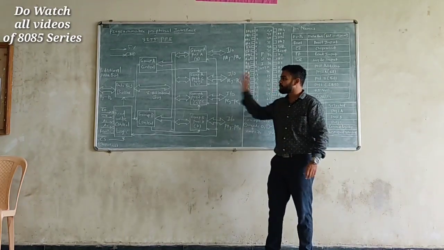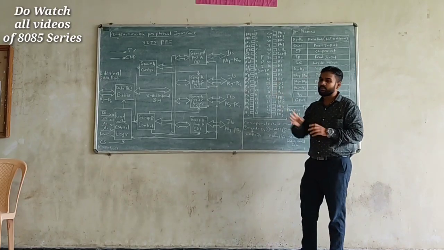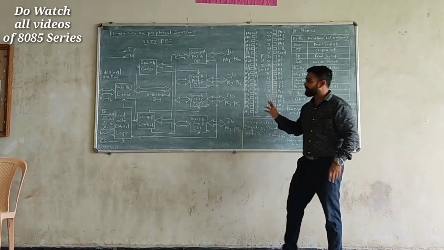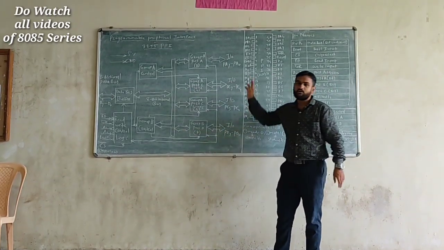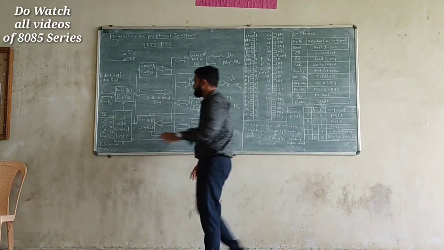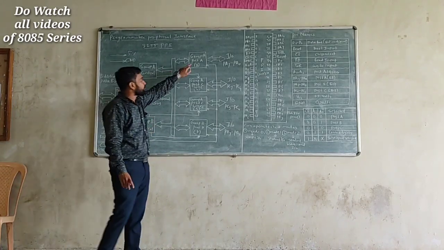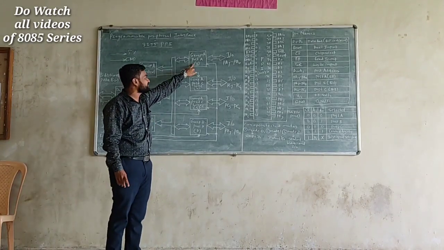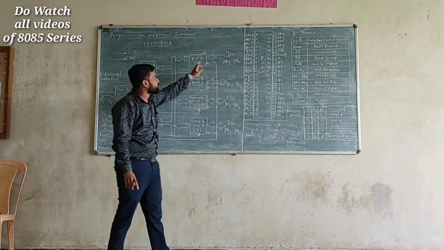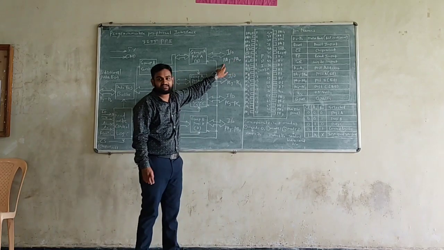So without wasting any time, we are going to start a discussion of the 8255 PPI by knowing the block diagram of this IC. This is the block diagram, consisting of multiple blocks. We have group A port A, consisting of 8 parallel pins available for I/O, from PA0 to PA7.